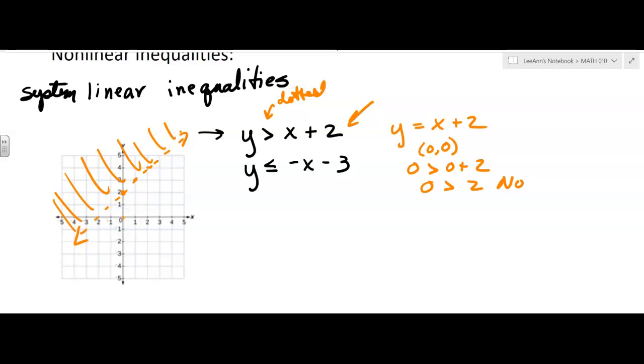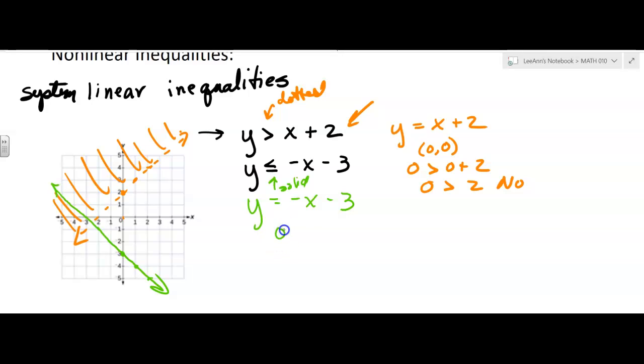Then we graphed the other line, y equals negative x minus 3. The intercept is at negative 3, the slope is negative 1. This time it's equal to, so it's going to be a solid line. Then we had to decide which side of the line to shade.